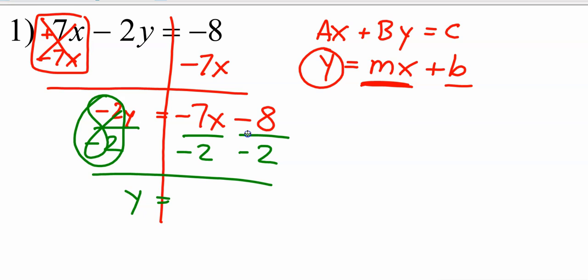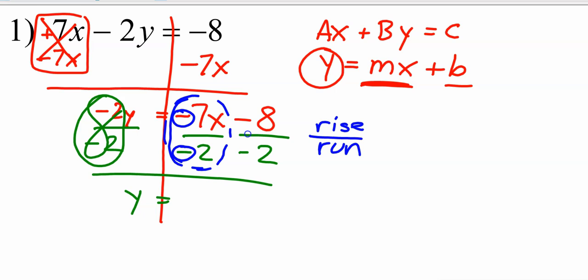We are not going to divide this part right here, however, because we want that rise over run, so we're going to leave that slope part as it is. However, we have two negatives, so those two negatives will become positive. So it's 7 over 2x.